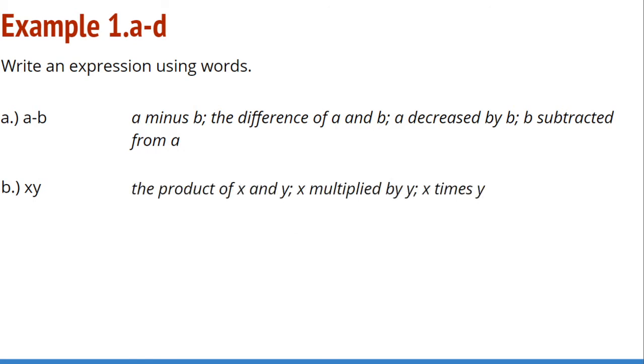Well, I could make it nice and simple, the product of x and y. I could say I've got x multiplied by y. I could say I've got x times y. Three very basic ways of saying I'm going to multiply these two variables together.